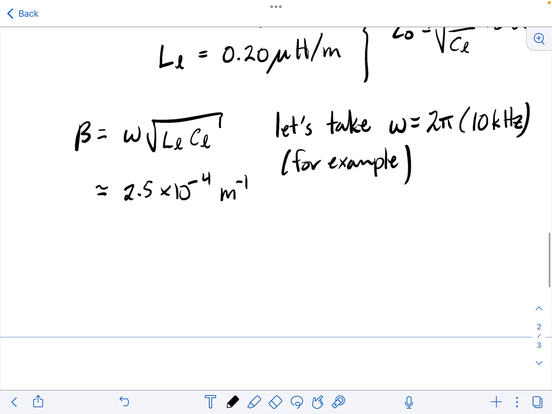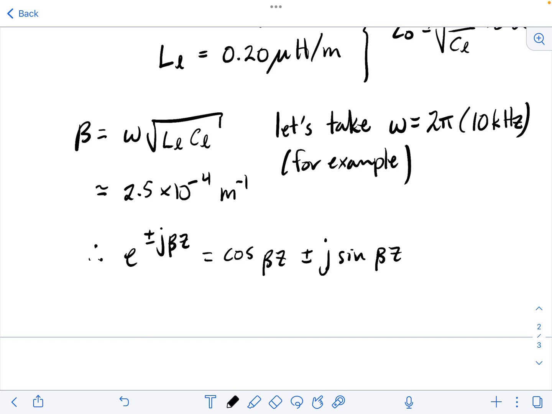Okay, so that means this factor of e to the plus minus j beta z, using Euler's formula, is equal to cosine beta z plus minus j sine beta z. So we know beta is very small, and if we think of z, say the typical length of conductors in Physics 231 lab, those conductors are going to be much less than a meter long.